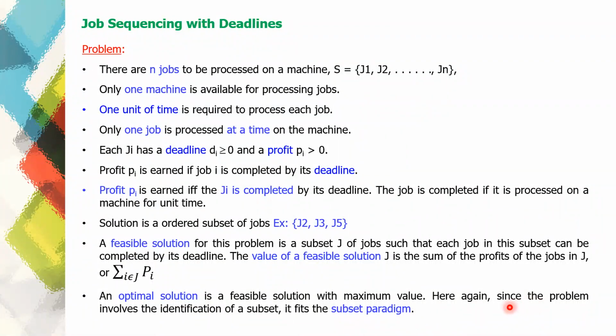As such, we are going to identify a subset of jobs. From given n number of jobs, you are going to identify a subset of the jobs. So the solution is identification of a subset. Hence, you are going to apply greedy approach, which is called the subset paradigm.